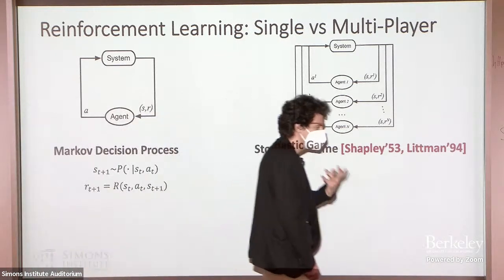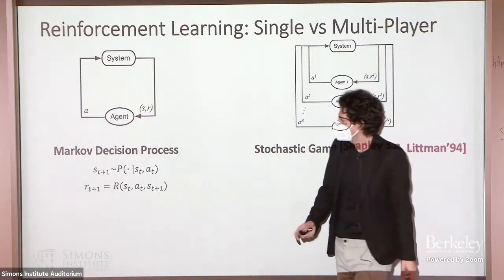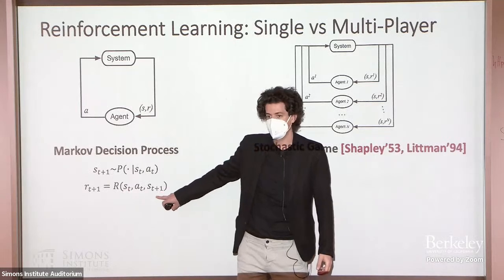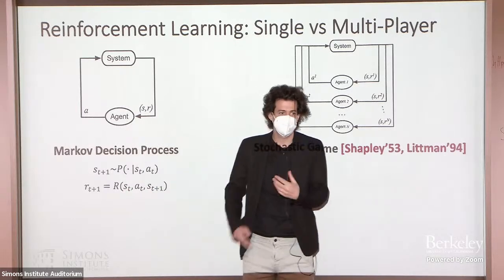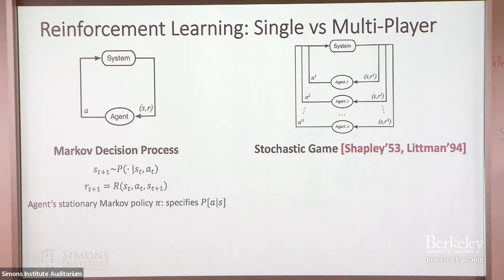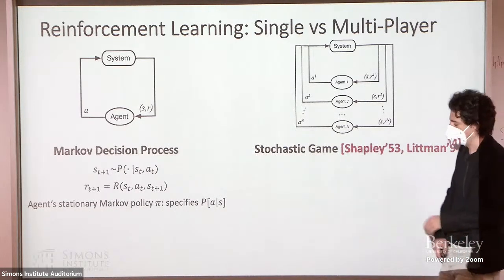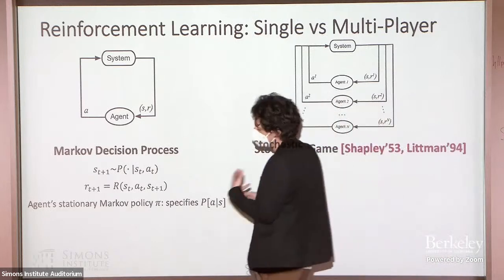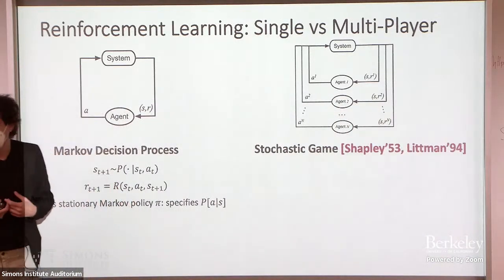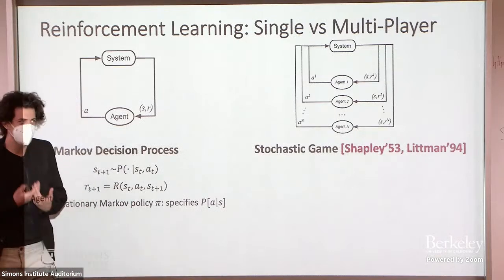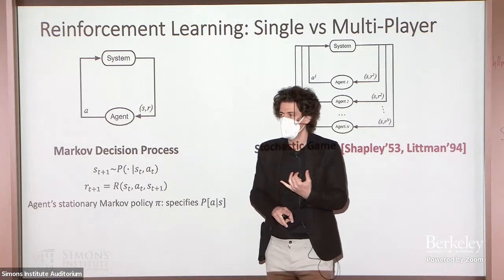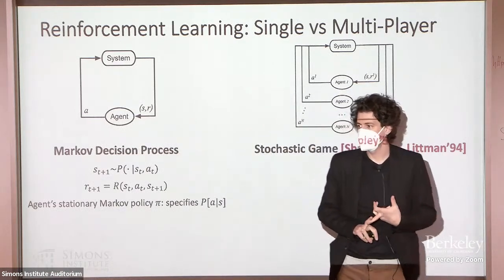And also you receive rewards based on its transition. If you go from state s_t to s_{t+1}, after you've taken action a_t, you get some reward. You can think of various ways to behave in such an environment, maybe history dependent or history independent. One of the important types of strategies are what are called stationary Markov policies.